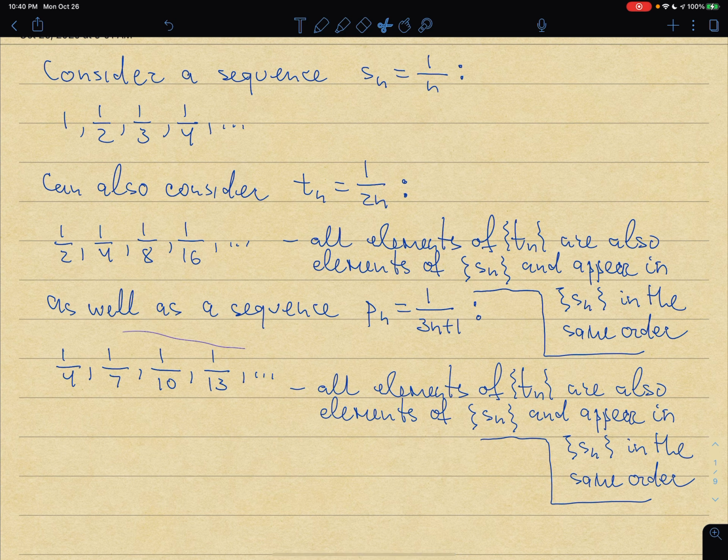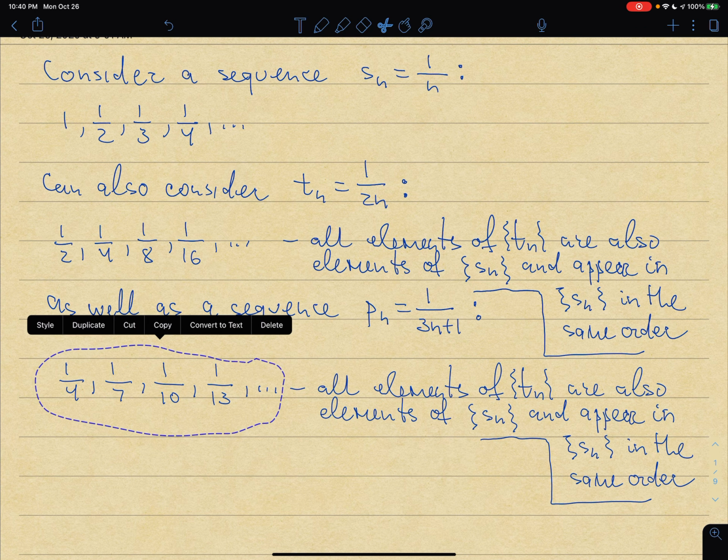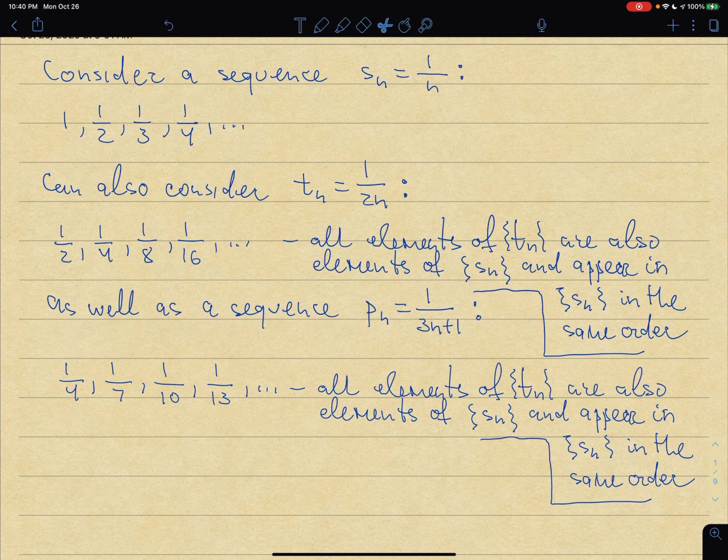Okay, so in a sense, then, Sn is a sequence that is larger than Tn because it contains all elements of Tn in the same order. So that means that Sn is a larger sequence. It has more elements. The same relationship holds between Pn and Sn. Every element of Pn is also an element of Sn, and the order of these elements is exactly the same in both Pn and Sn.